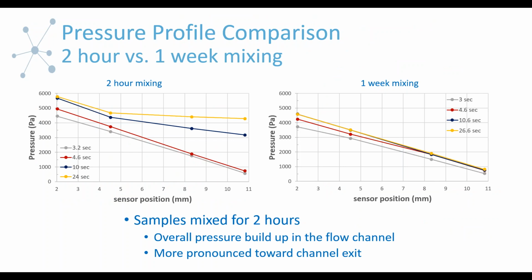But what we do know is that when we adjust how we prepare our sample and do something more rigorous, more extensive to ensure that it is fully solvated and homogeneous, then we eliminate this measurement artifact and we're able to get consistent data without any red flags.